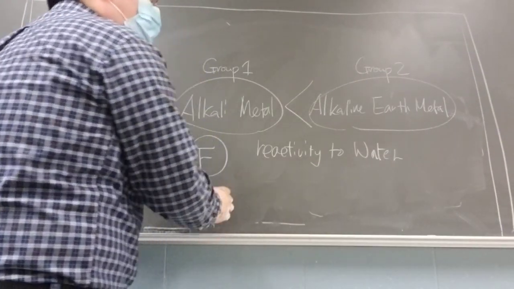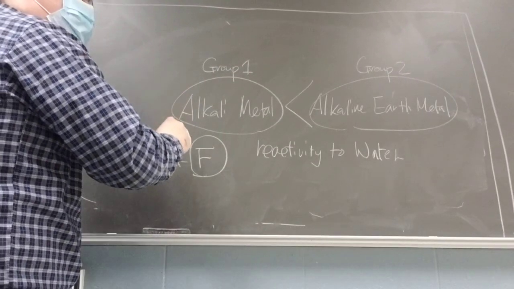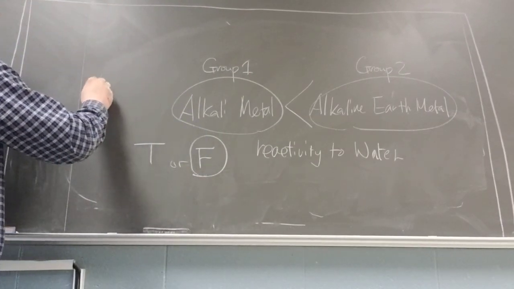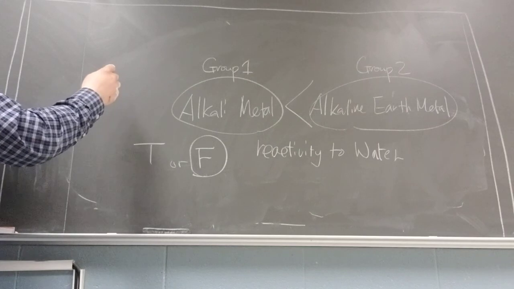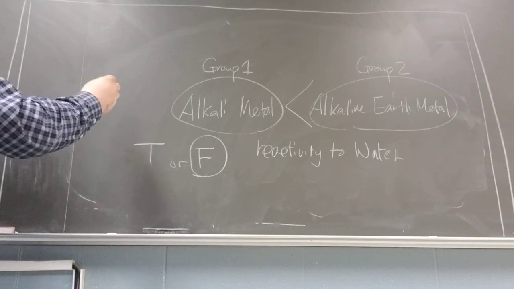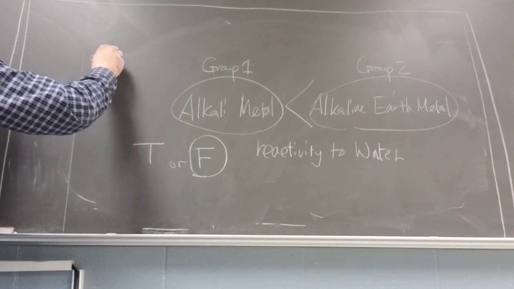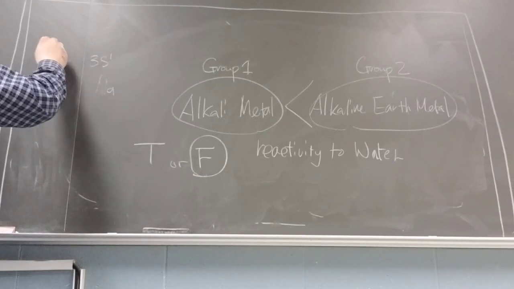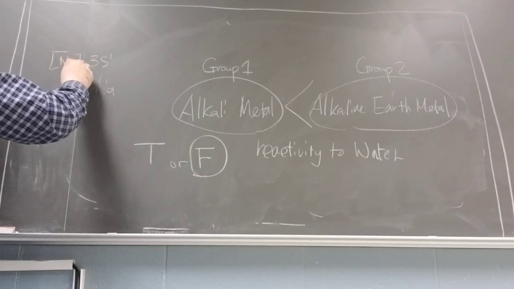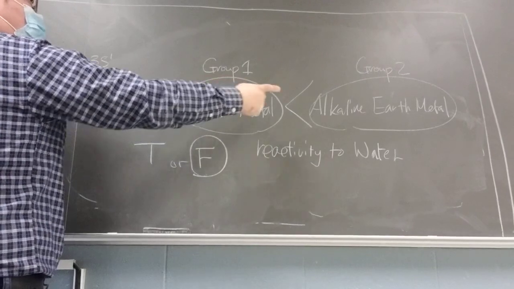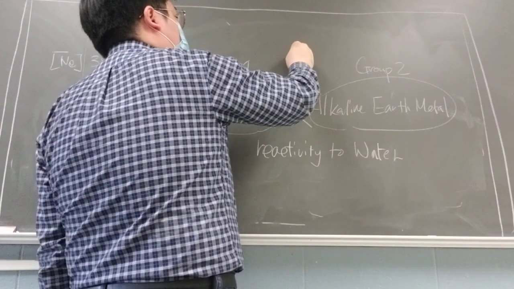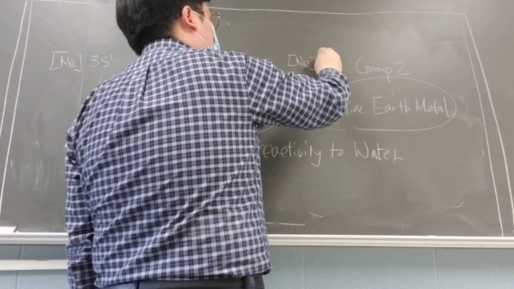So think about it. For example, sodium is 3s1, with neon core. And then magnesium, which is an alkaline earth metal, is neon 3s2.